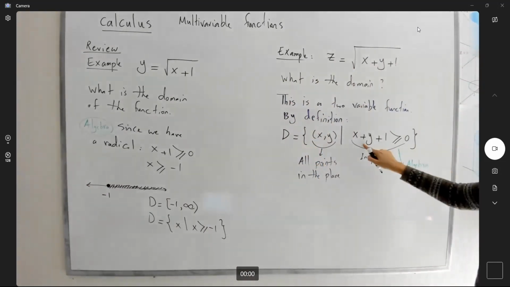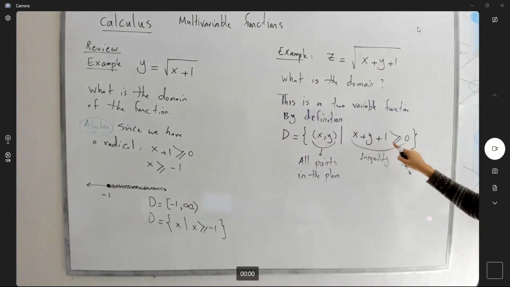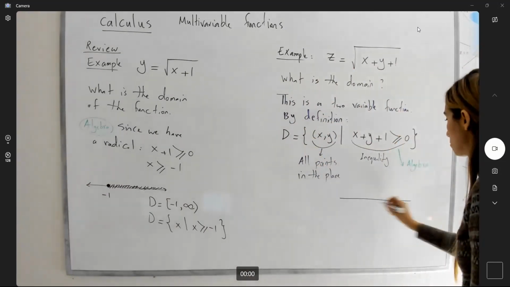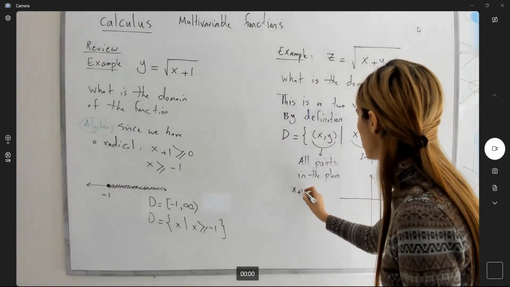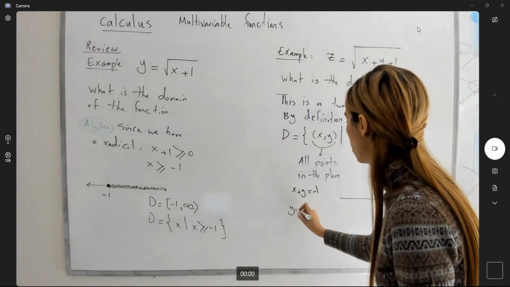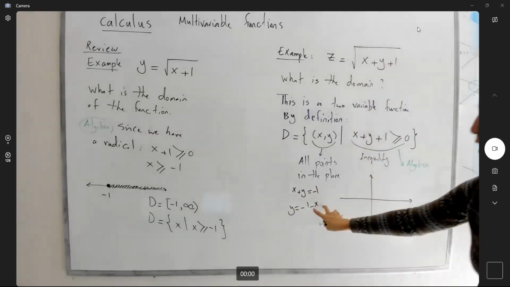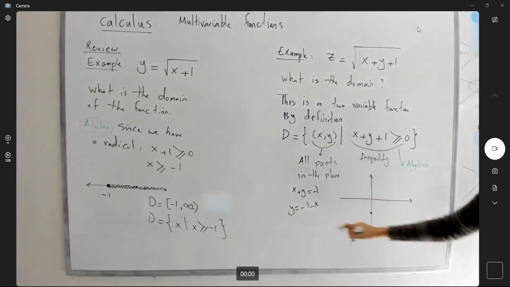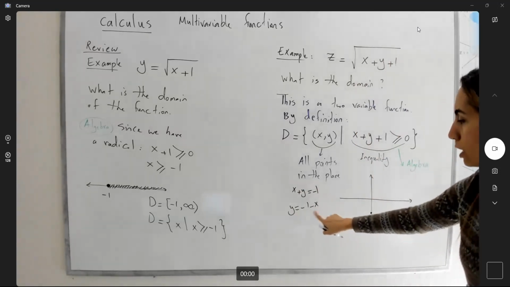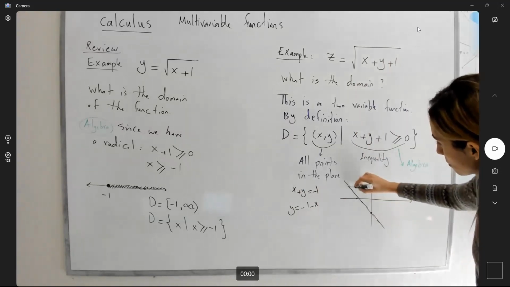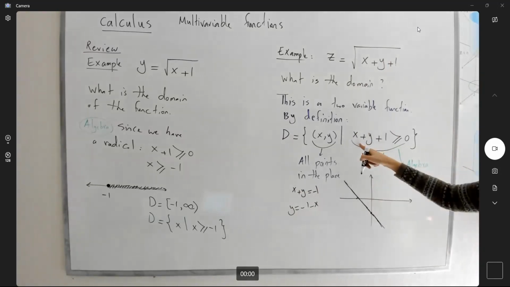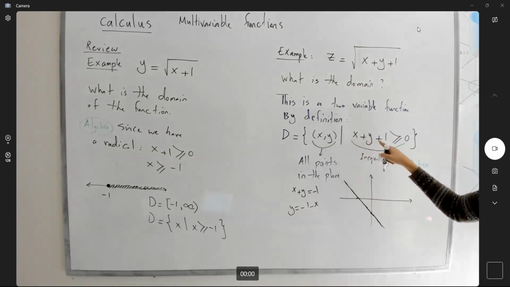So x plus y plus 1 is larger than or equal to 0. To graph this inequality, you can say I have x plus y equals -1, or y is -1 minus x. If you plug in 0, your y is -1. If you plug in, for example, -1, then you get 0. So this is this line. Then if you use a checkpoint like the origin, 0 plus 0 plus 1 is larger than or equal to 0.